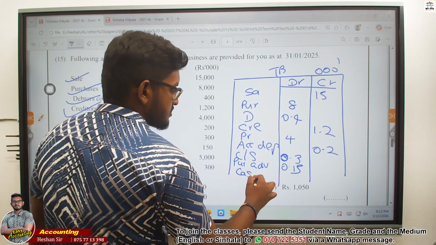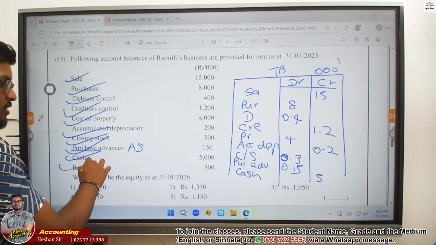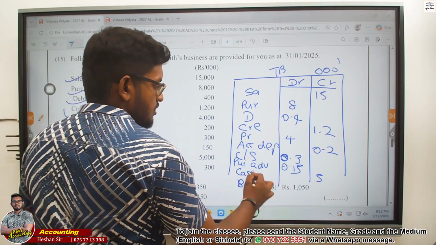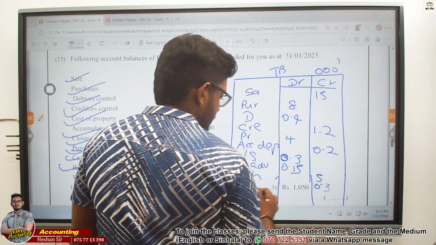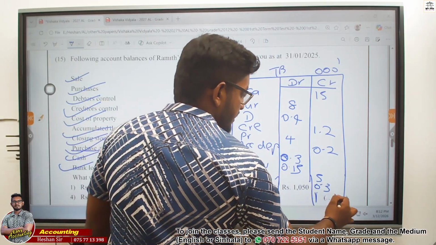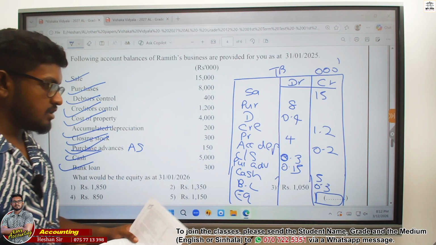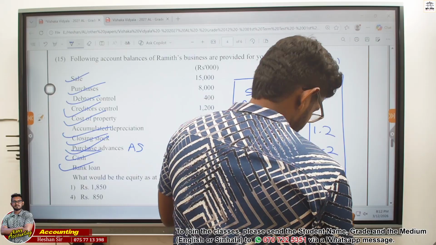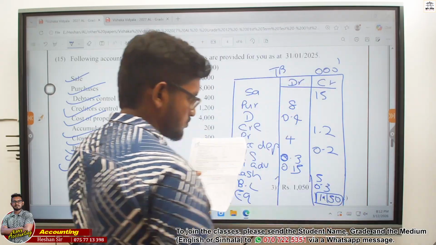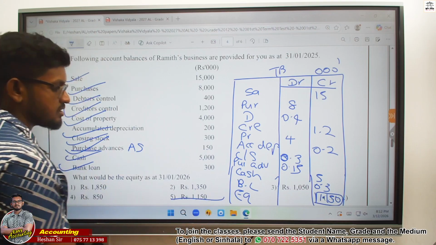Cash credit 5,000. Then bank loan, a liability, so it comes under credit, 0.3. So they are asking for the equity. You can find the equity by taking the trial balance total. You will get 1.15, which means the answer is number 5, the same answer.